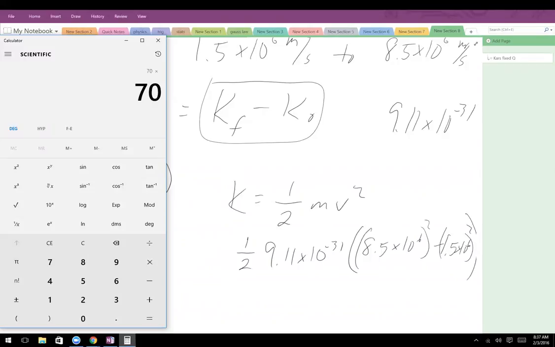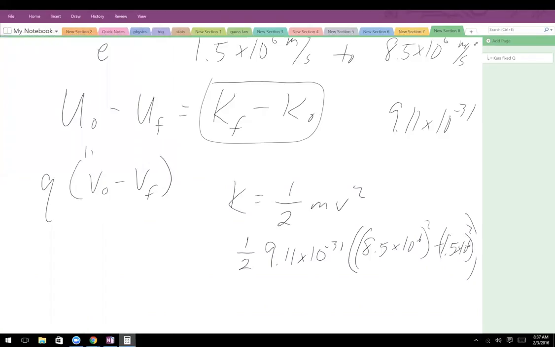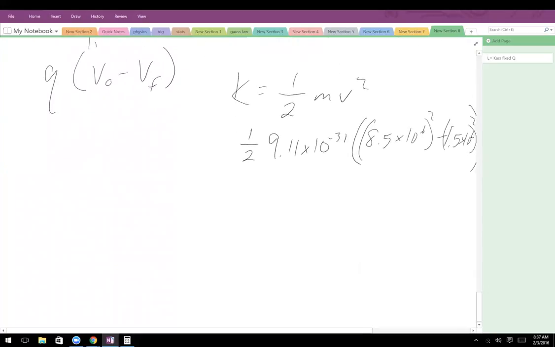So times 9.11 divided by 2 is 3.18. Okay. And what's the exponent on it? Well, these are squared, so those are both 10 to the 12ths. And then 10 to the minus 31 makes 10 to the minus 19. So 3.19 times 10 to the minus 19.